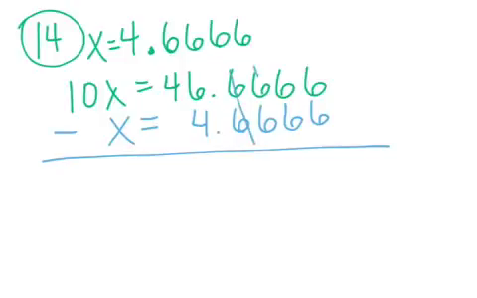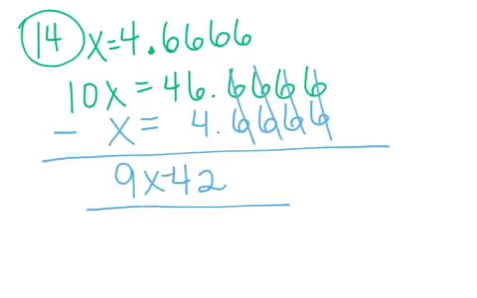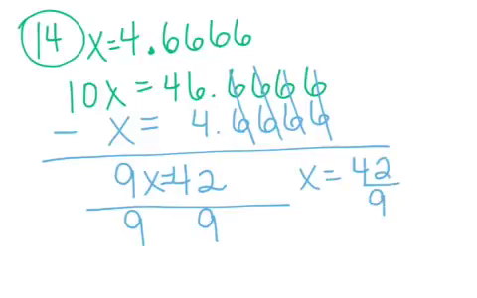Of course, these cancel. So 9x equals 42. Divide by 9, divide by 9. So x equals 42 divided by 9. And if I reduce that, I get down to 14/3. And we'll talk more about this at a later date.